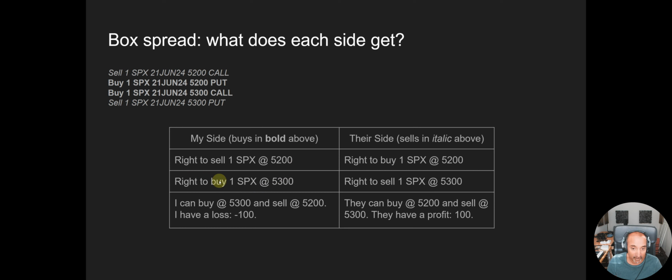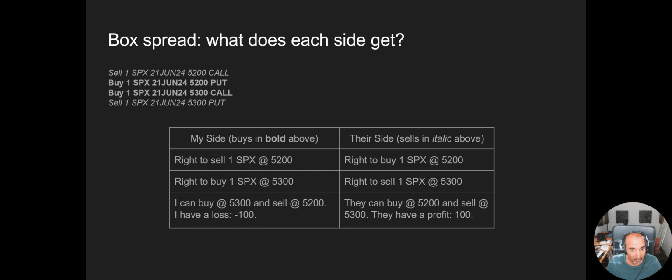So I get the right to buy one SPX at 5,300. Now, if you look at these two options together, what happens is I can buy at 5,300 and I can sell at 5,200. So in other words, this is a loss. If I'm going to buy something at 5,300 and sell it at 5,200, that's a loss of 100. So not really great for my side.